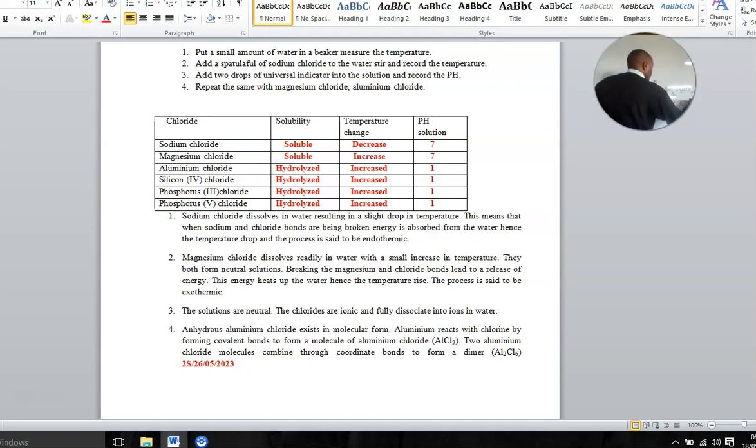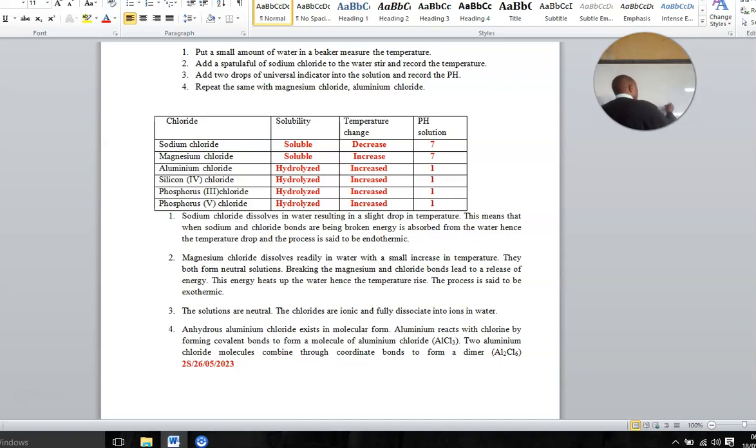So have 4, have 2 there. In this case, silicon 4 chloride reacts with water to form HCl and silicon oxide.